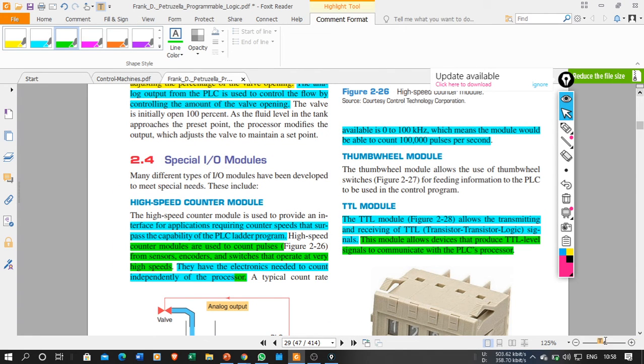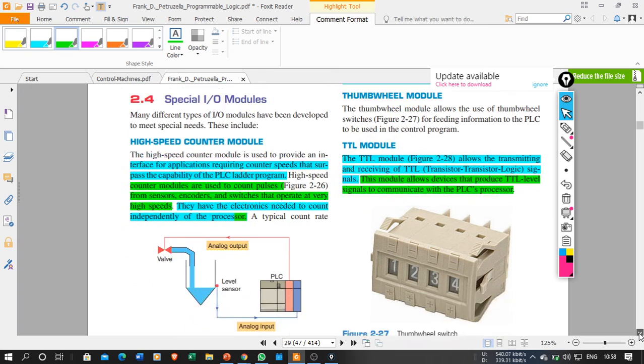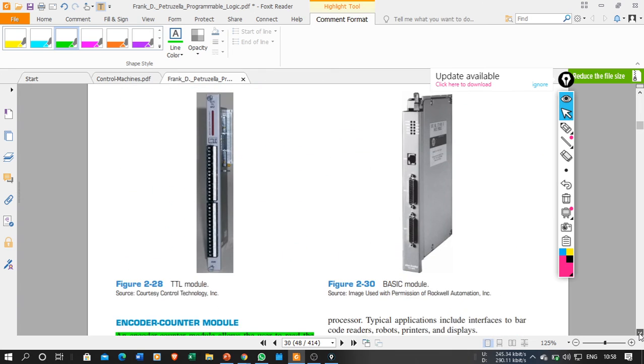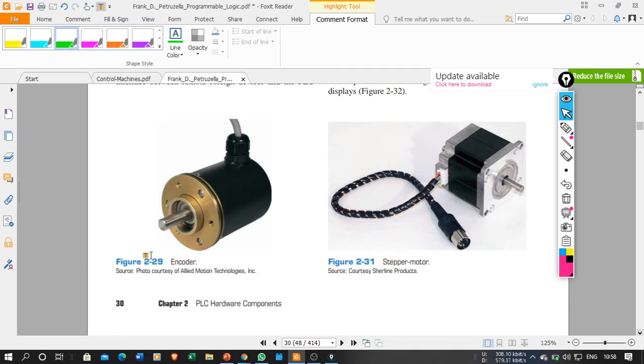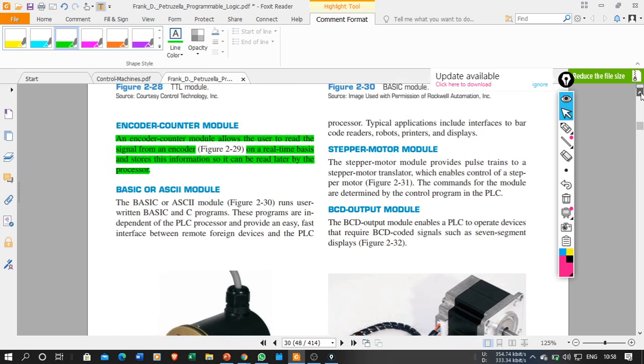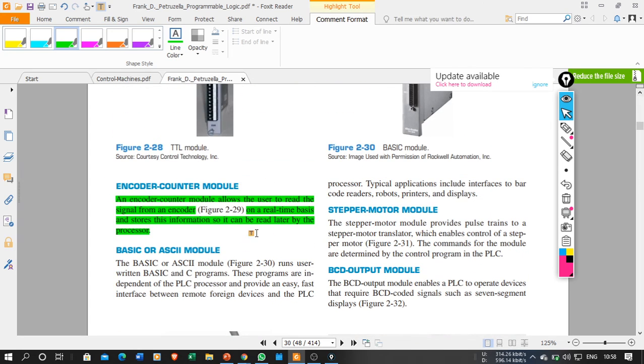Real time means that at the instant the information changes, at the same instant it is going to be read. This is the real time encoder module. Real time means that at the same moment when the change takes place, at the same moment it is going to be detected.